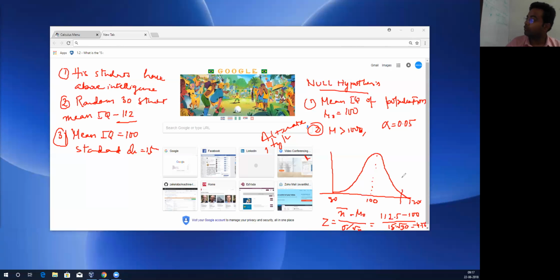I'll show how it is calculated using the Z-score. Using alpha, you want to find out how much area is on this side. It comes to 1.645. I'll show how it comes in a minute. And here, based on your data, the Z is 4.56.